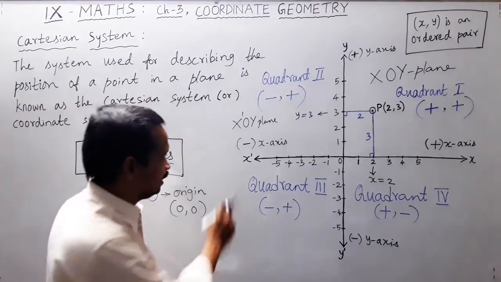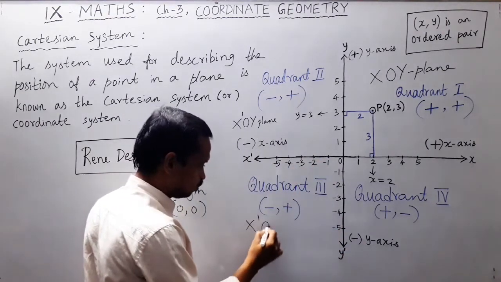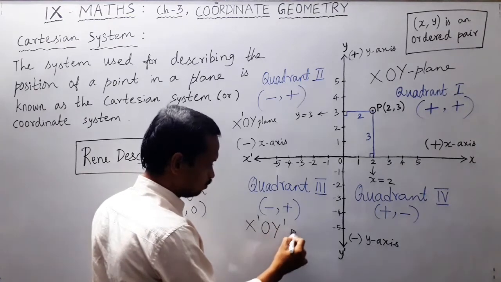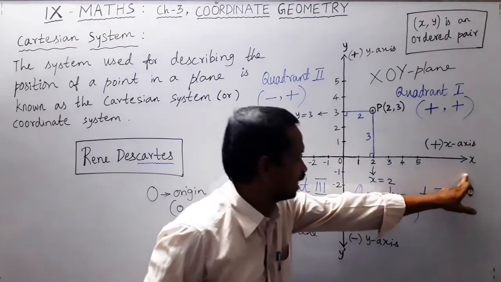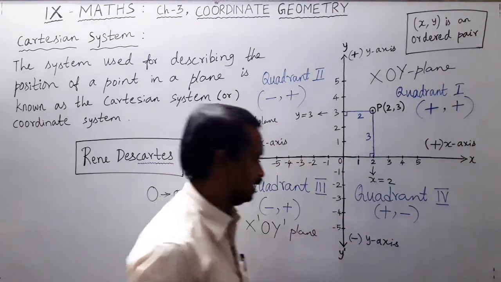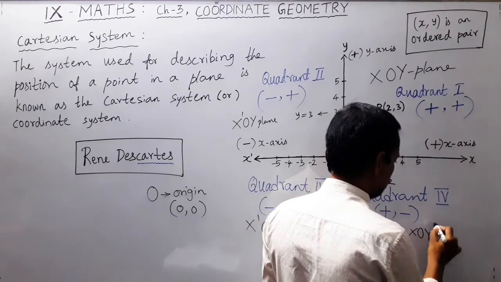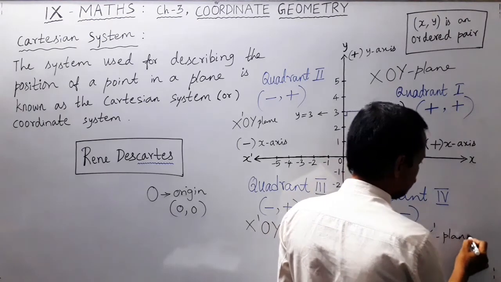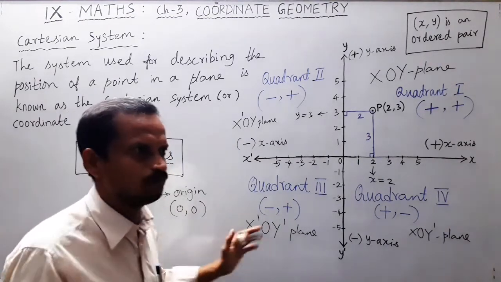And this is X dash O, Y dash plane. And this is nothing but X, O, Y dash plane. So just like that, we can commonly say the XY plane.